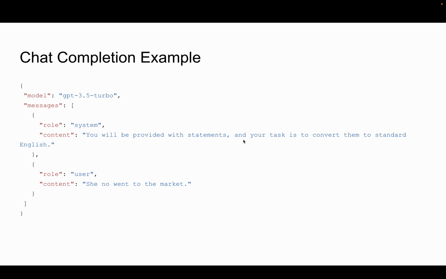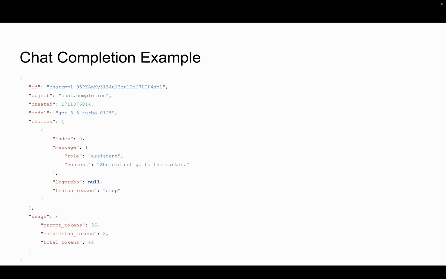Here we just ask GPT to convert the grammar to standard English. Here is another message, the user message. The content is, she now went to the market. It seems this sentence is not grammatically correct, so we ask GPT to correct the grammar for us.